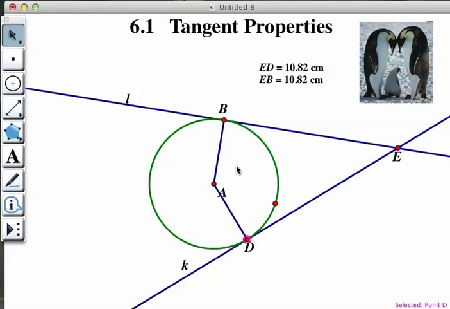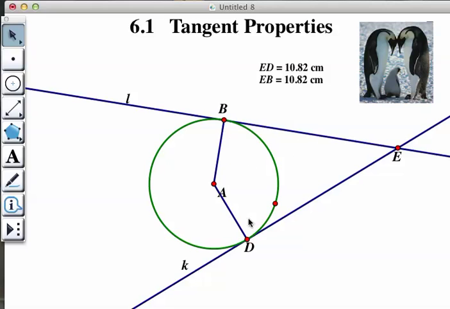Let's go one step further here, ladies and gentlemen. Let's check this out. These are my non-vertex angles. In a kite, the non-vertex angles are congruent. And not just are these congruent, they're also 90 degrees each. And if I look at the polygon sum theorem, it says that the measures of the interior angles of a quadrilateral sum to 360.